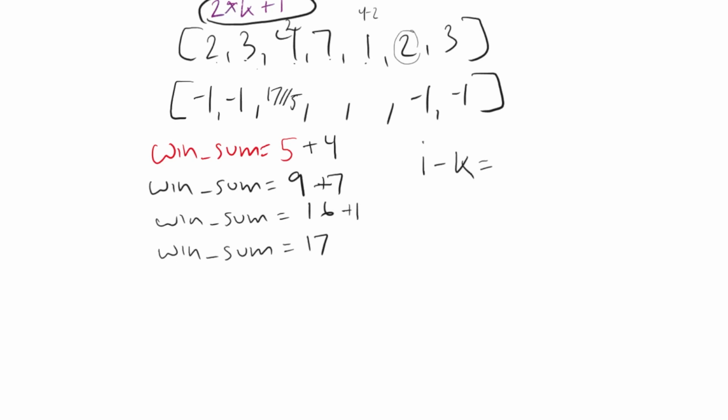But if we do that, our window size is going to be bigger than it should. So what we have to do is drop the number at the end. We drop it by subtracting it from our win sum. So we subtract 2, and now our win sum is going to be 15. But we add back the 2 because we're adding in a new number. So 15 plus 2 is 17. Our win sum is 17.